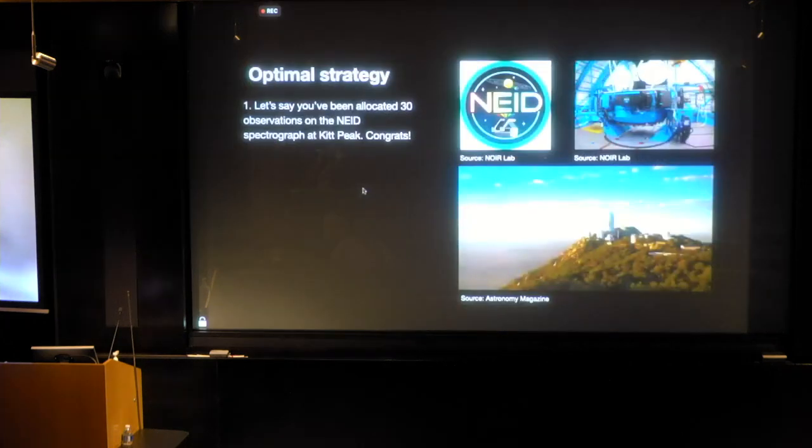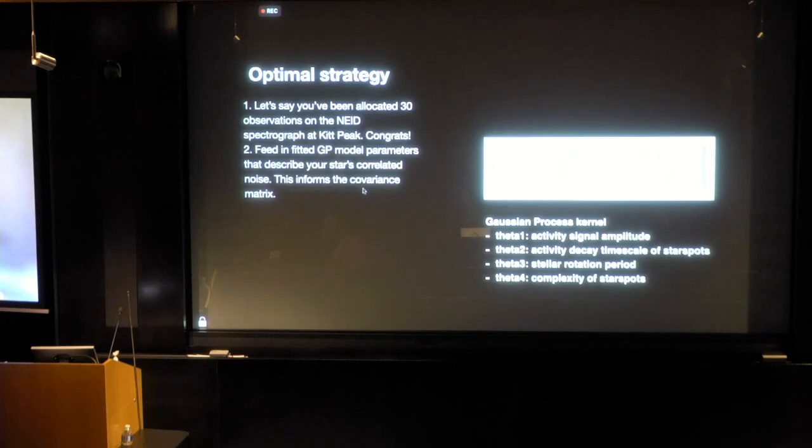So let's say you propose to observe 30 nights of AU-MIC-B, and you get these observations awarded to you by the NEWIT spectrograph. So that's great. So now the question is, how do I spend this coin? And the first thing you would do in the pipeline, in this framework that we've created, is to feed in your stellar noise model parameters.